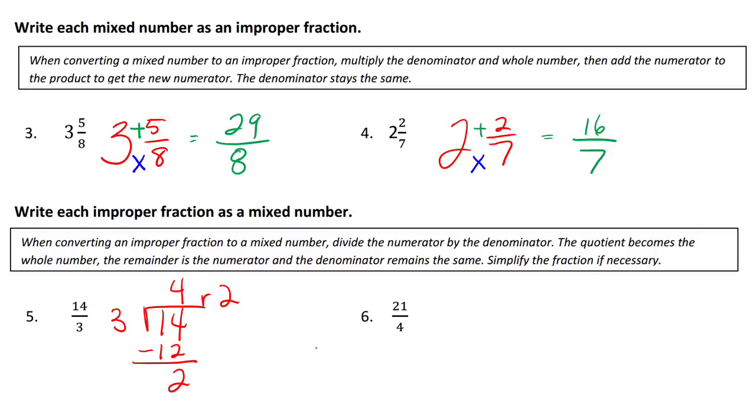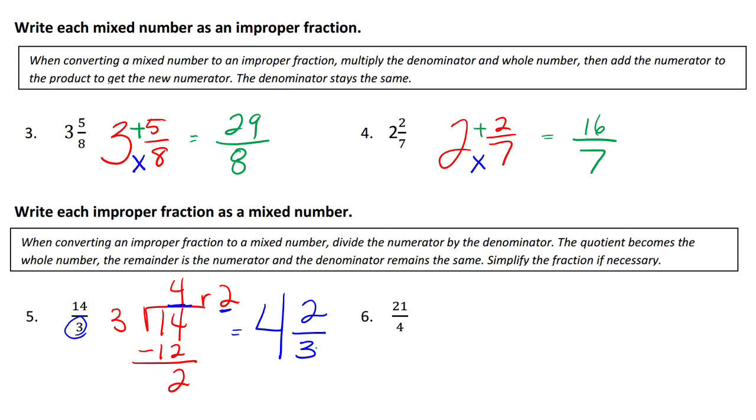So 4 is going to be our whole number, and now we have to deal with our fraction. Our denominator stays the same as 3, and we use the remainder as our numerator. So 14 over 3 is equivalent to 4 2/3.